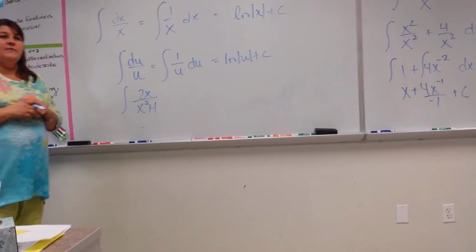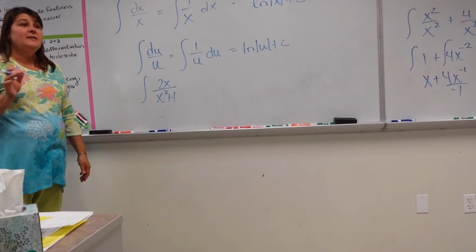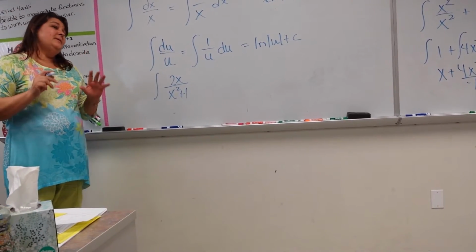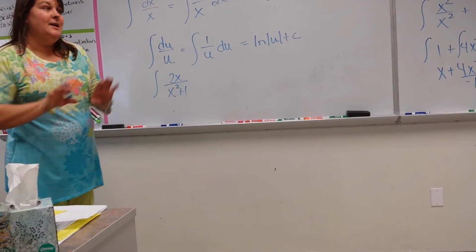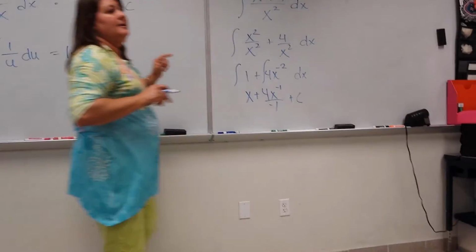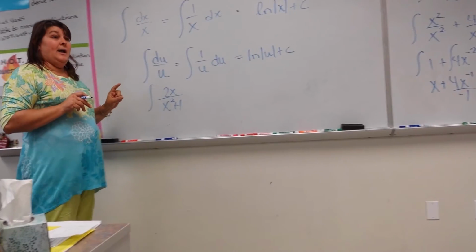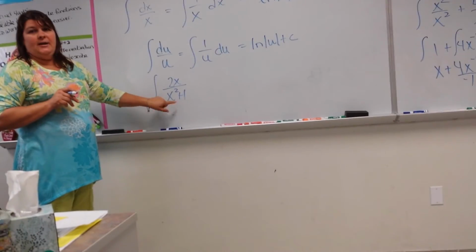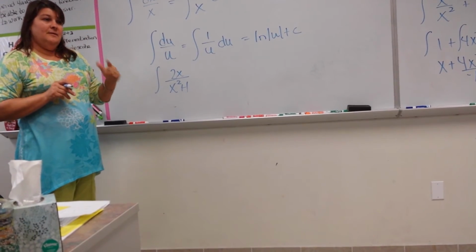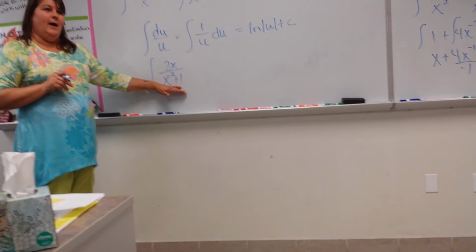If I want to take the integral of that, it looks nothing like 1 over x, right? But whenever you have a fraction that you can't split up, look at this and say, if I make my denominator u, and in my brain I derive it, what's the derivative of x squared plus 1? 2x.